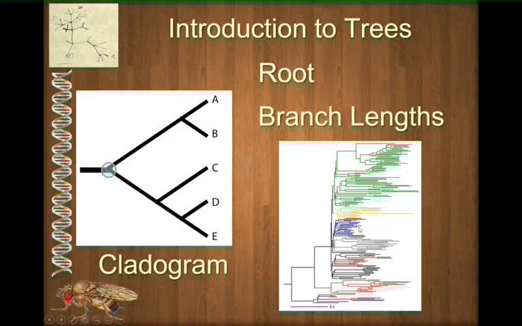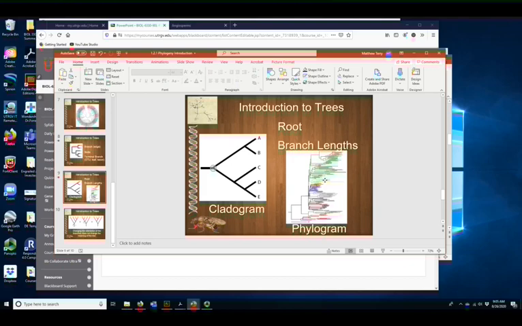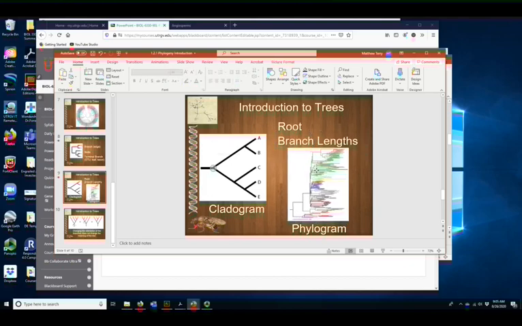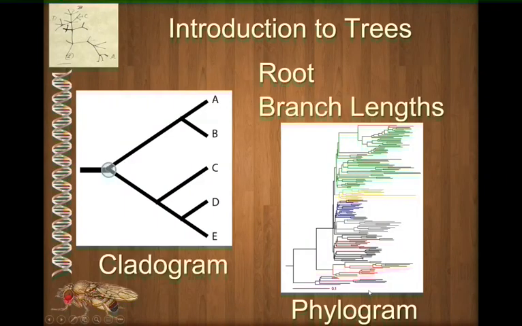This one over here is more properly termed a phylogram. I should put it here also. I'll put that down here. Make this all nice and pretty. Okay, so a phylogram shows relationships just like a cladogram.